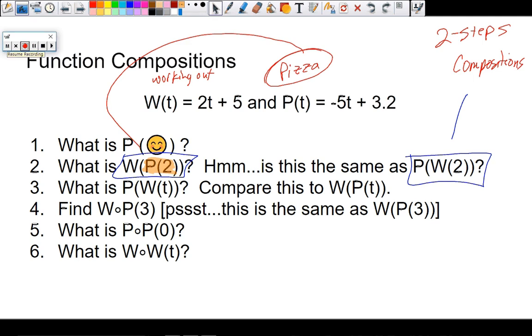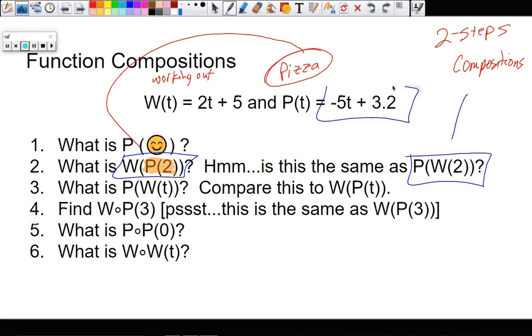PEMDAS is, we learn in parentheses, we do that first, and then we work our way out. A good way to remember this, guys, that P is going to be done first, is think about it in parentheses. What are we plugging into P? You tell me, what number are we going to plug into P? 2. So now, let's go find the machine that is P of T, and where the input value is, we're going to plug in 2.